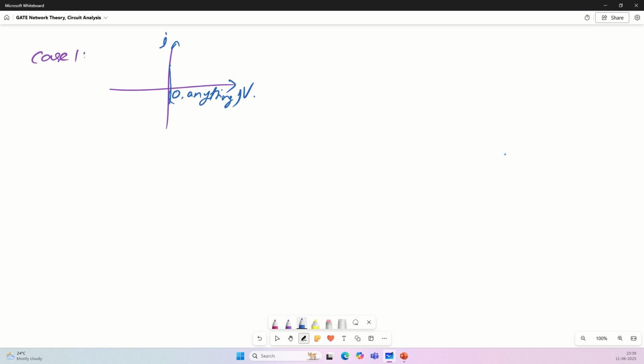Understood? So it means what? The voltage is 0 means it is nothing but your short circuit. This is SC, short circuit. Short circuit will happen when my slope is infinite, that is 1 by R goes to infinity.